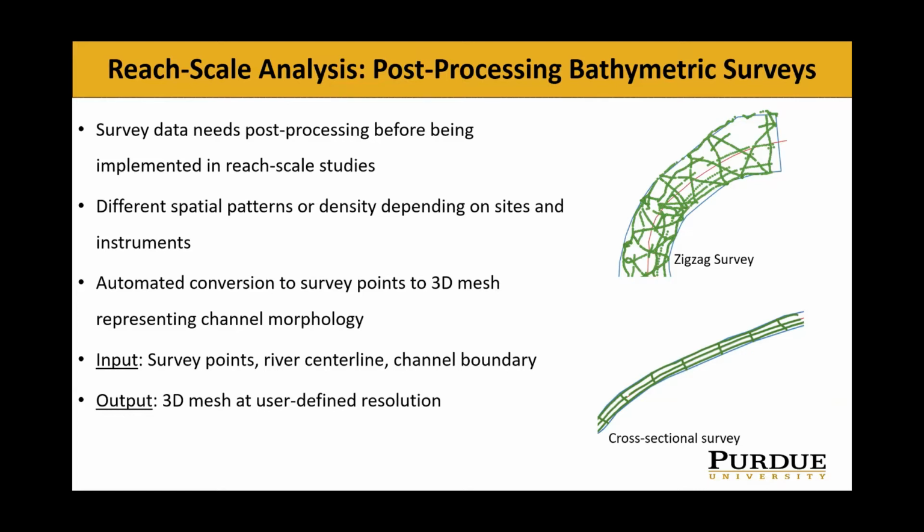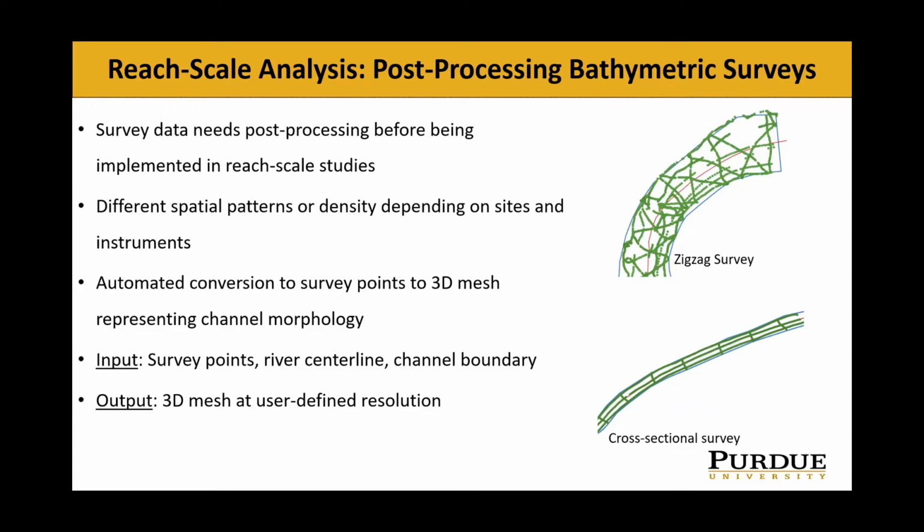So what we are trying to do here is to create sort of an automated algorithm that takes into account different kinds of challenges with these survey data and creates a nice uniform 3D mesh that incorporates all this bathymetric information into the 3D mesh.